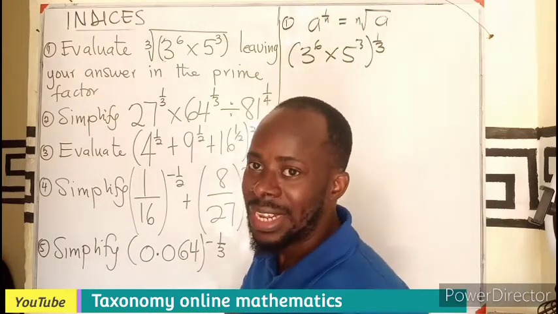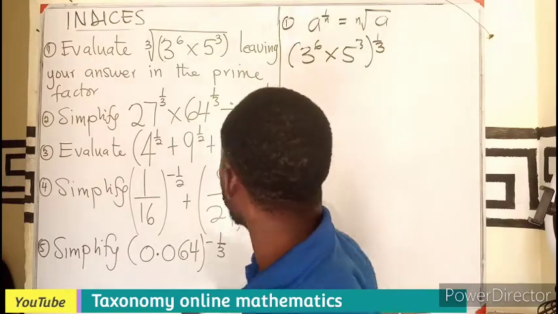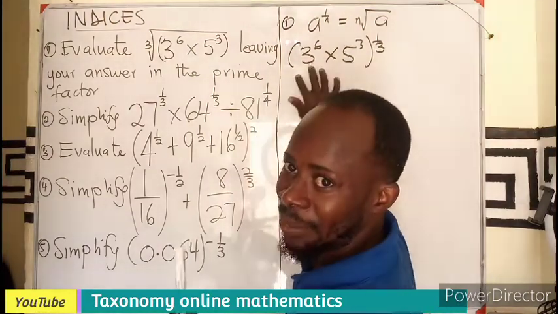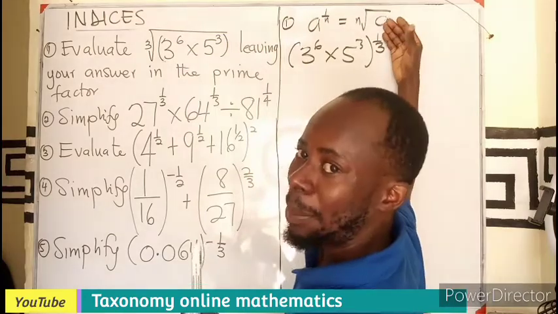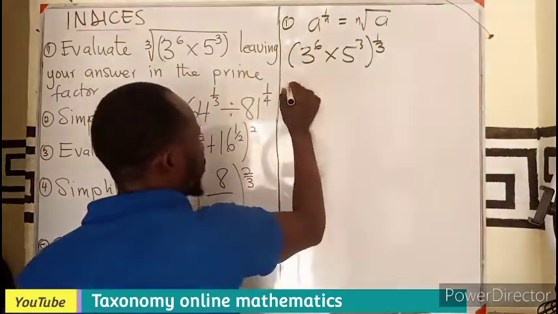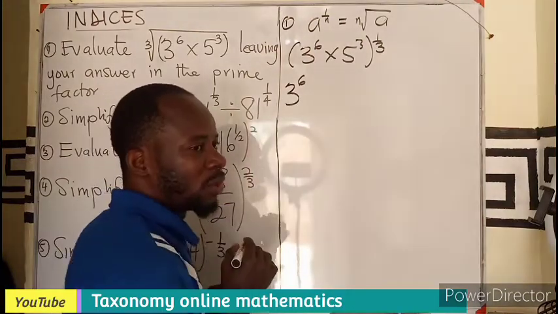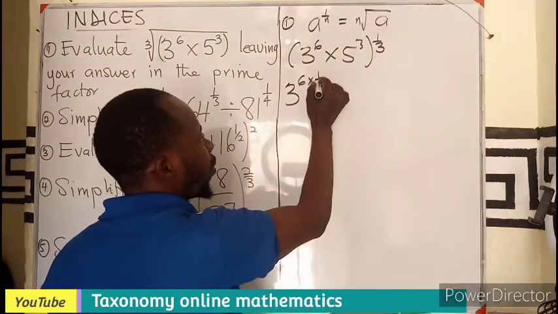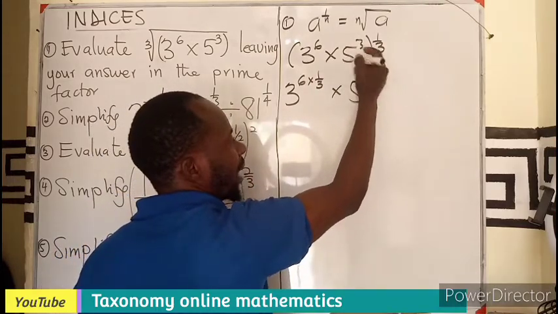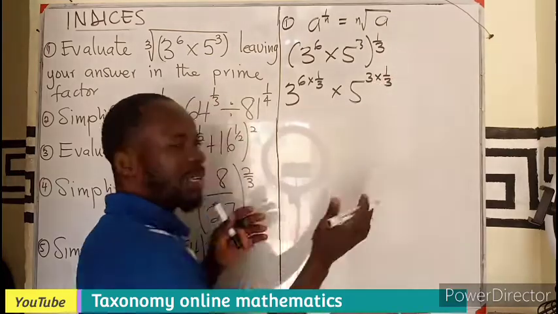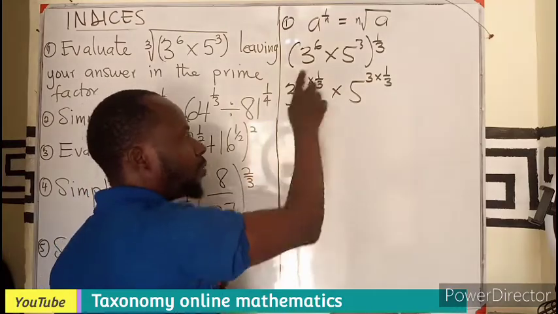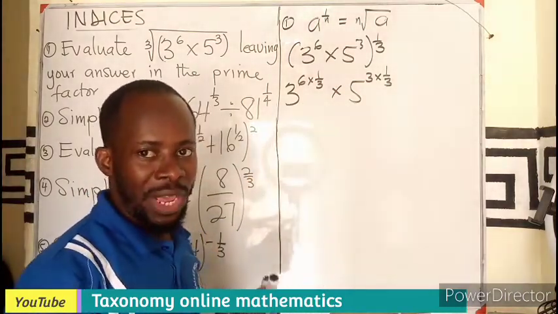Using the third law, which says that if you have two numbers multiplying in a bracket raised to a power, that power will be distributed on each of the terms. Meaning this is going to be 3 with exponent 6 times 1 over 3, multiplied by 5 with exponent 3 times 1 over 3. We know that 6 multiplied by 1 over 3 will give us 2.